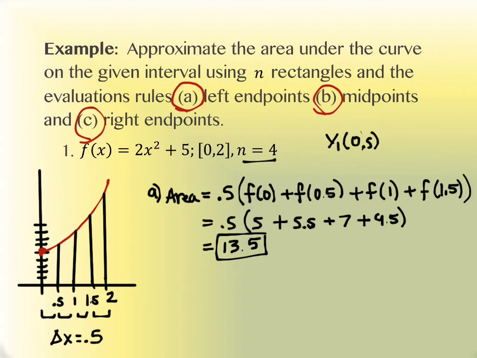Grab your calculator, and I want you to do y1 parentheses 0 plus. Don't hit enter, hit plus. And then do y1 of 0.5. So vars, y vars, all the way through there to do 0.5. Plus y vars of 1 plus, one more time, of 1.5.